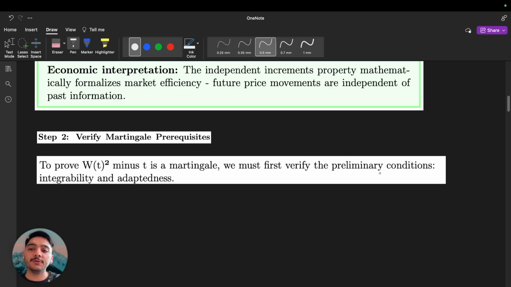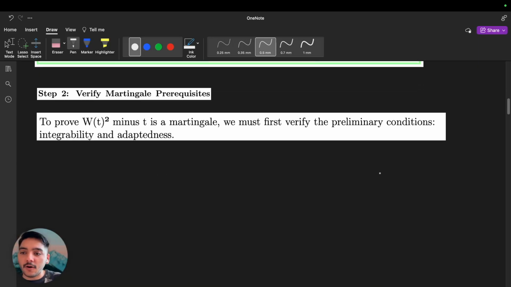To prove Wt² minus t is a martingale, we must verify the preliminary conditions, that is integrability and adaptiveness. So for integrability, let me write this.